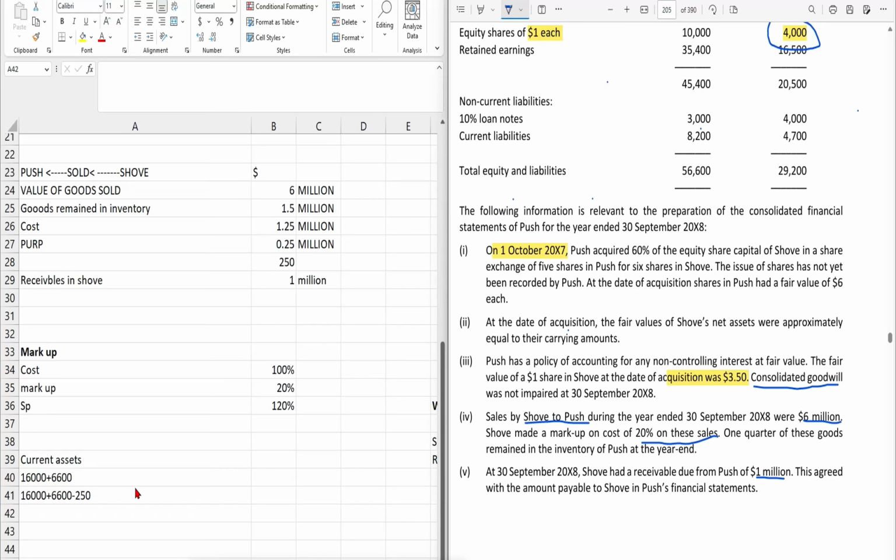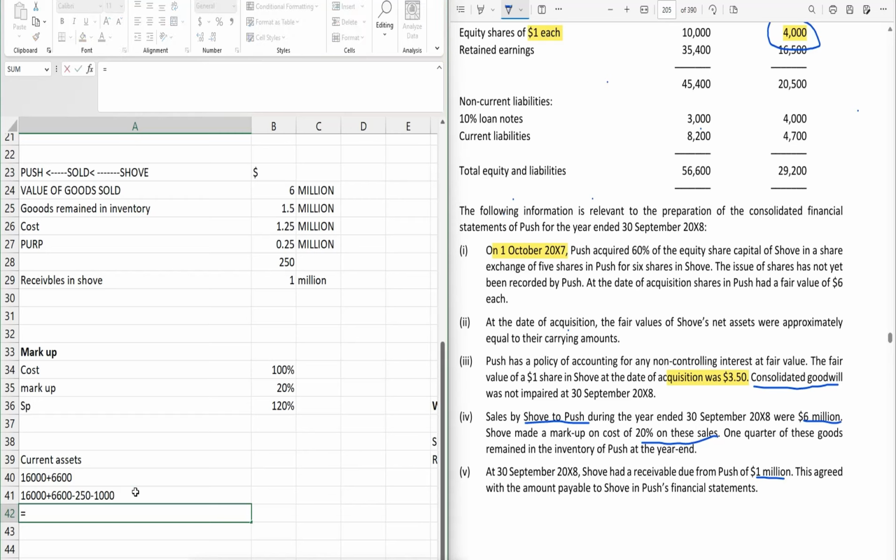So we need to deduct this amount as well, because as I said, we will not keep any intra-company transaction in our consolidated statement of financial position. So that's why we need to make an adjustment for this as well. So we will minus 1,000, because we are taking the 30 as common.